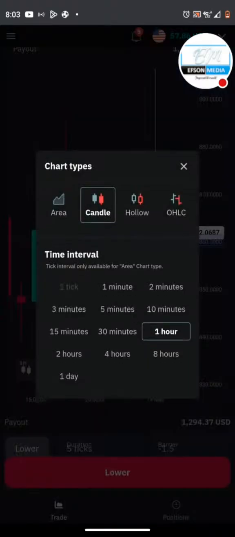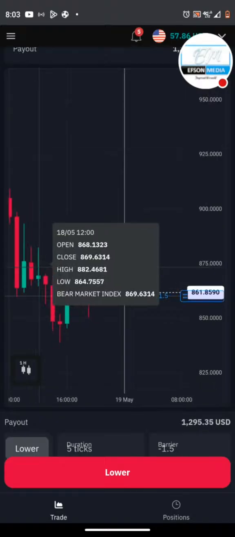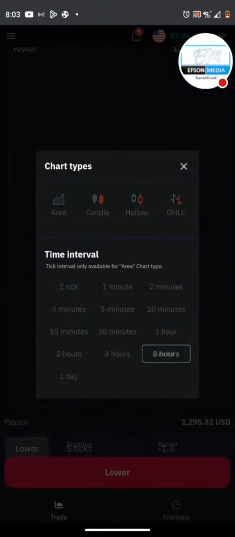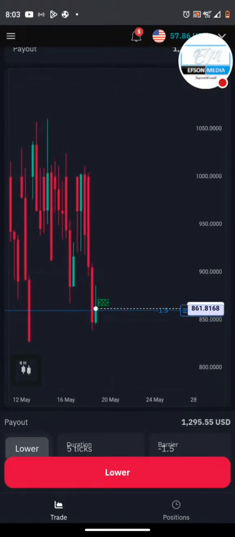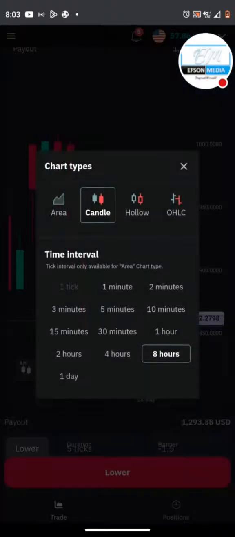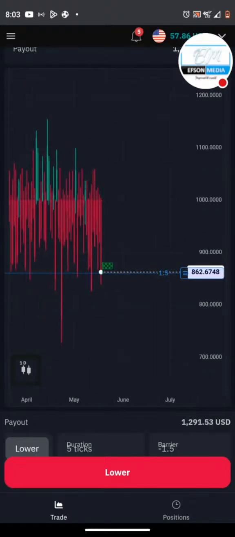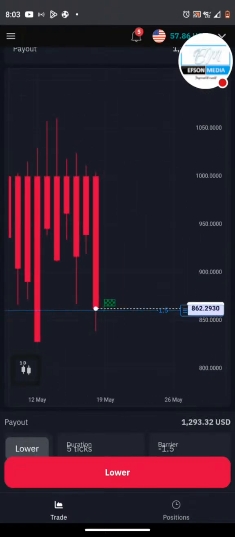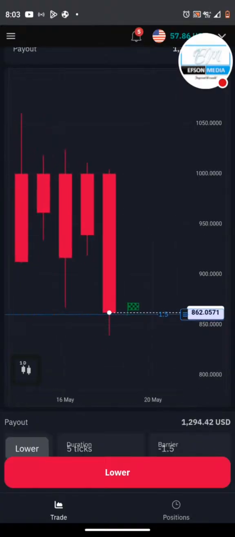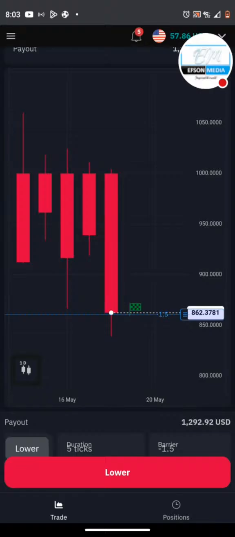So we are still here. We're just looking at the candles to find our perfect opportunities. Now 8:03. We're about to check our 8-hour candle. It's a brand new candle that is forming. See, this candle mostly starts from 12 a.m. every day. It basically goes down most of the time.